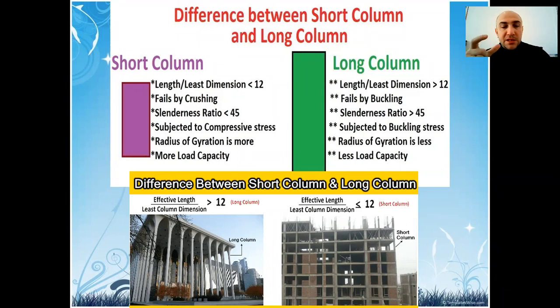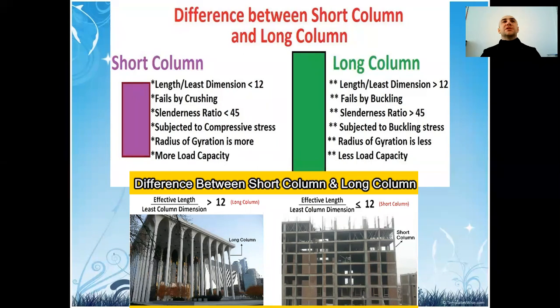So the short column is stronger than the long column, and in most buildings, the short column is highly recommended. The lateral dimensions of a short column are small in comparison with its height.